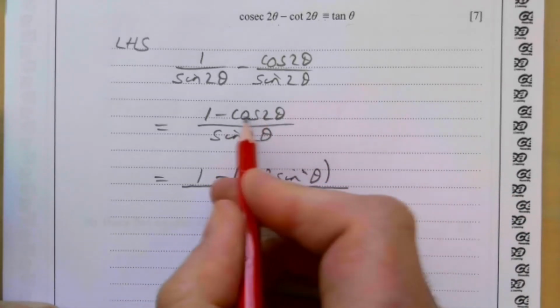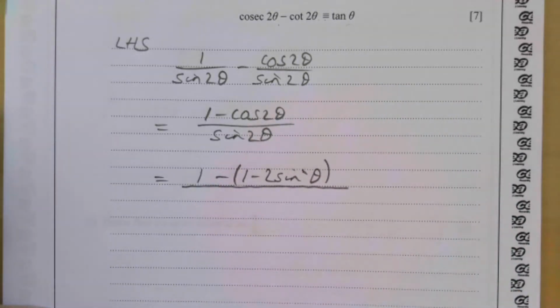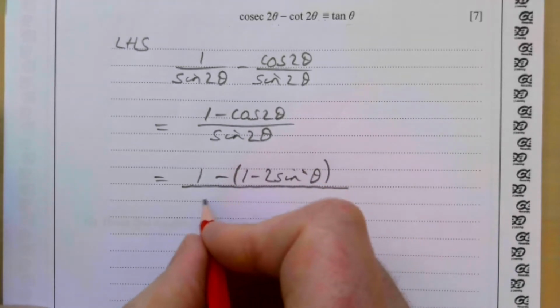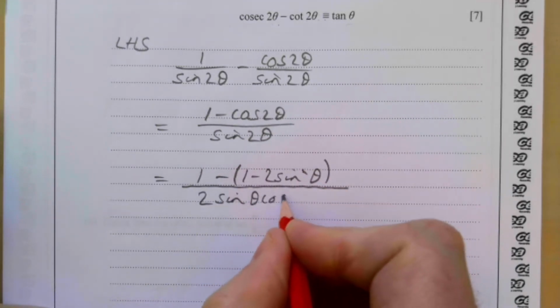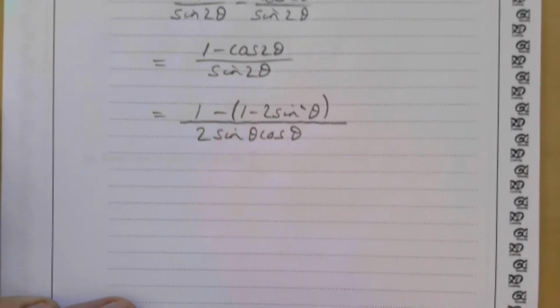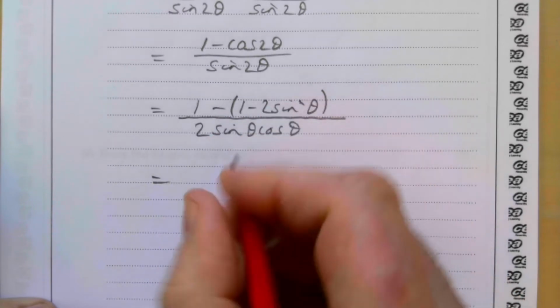You know, there's 3 different versions of the cos double angle, but 1 take away 1, so that means that disappears, which is good news. And then the sine 2 theta, again using your formula for that, 2 sine theta cos theta. So let's tidy that up. 1 minus 1, so that's good, and a minus minus, so it's a plus.